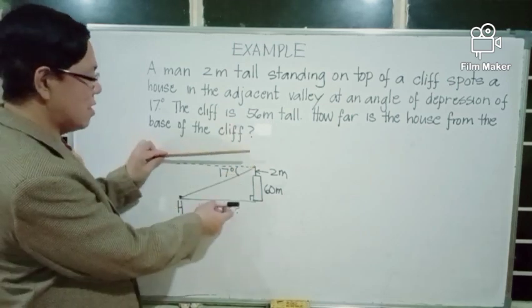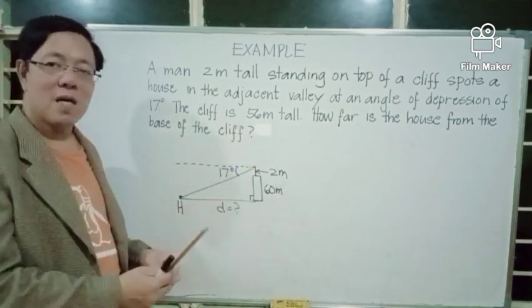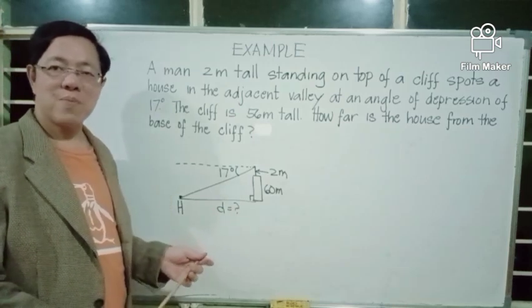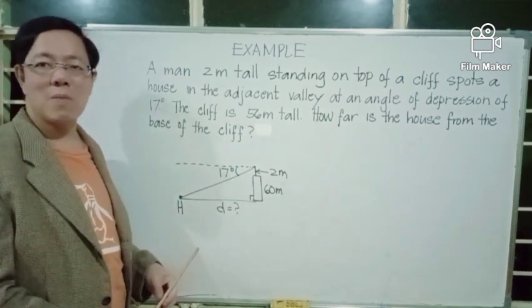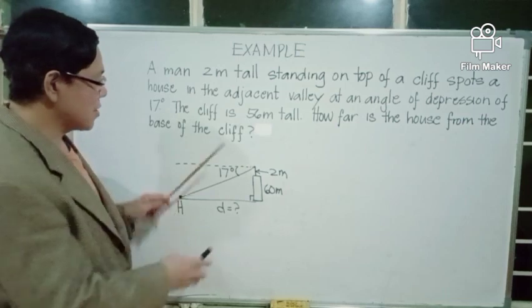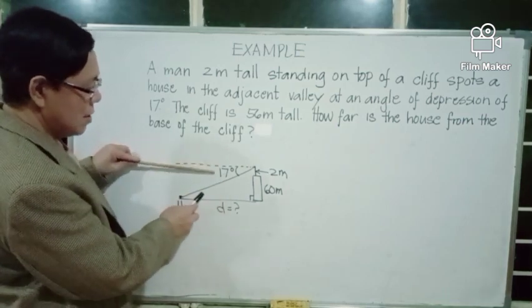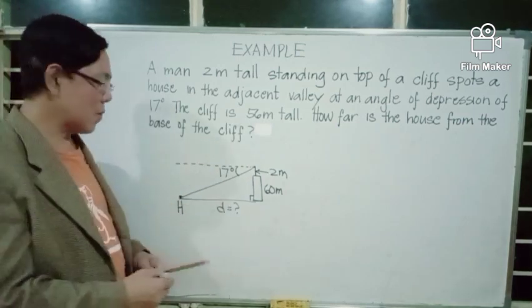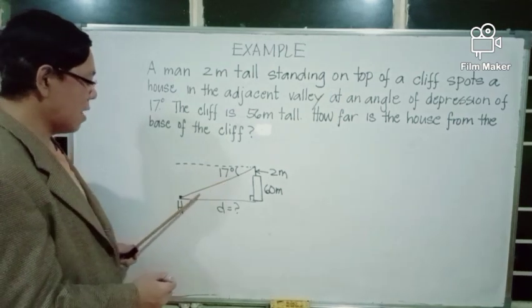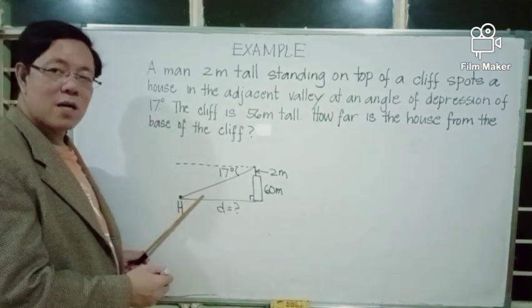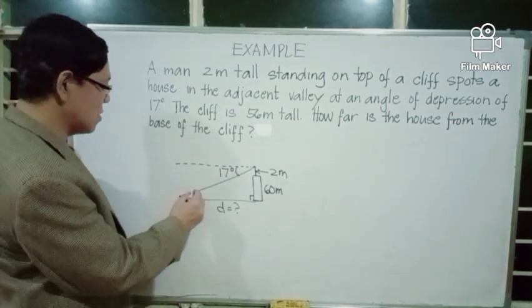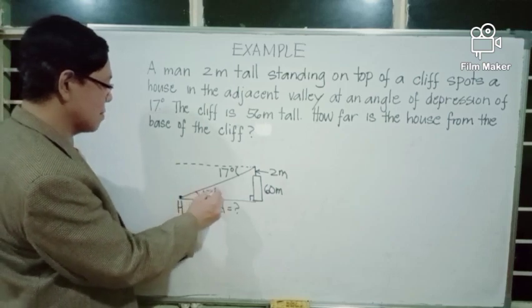Hence, by a theorem from your high school geometry, the alternate interior angles are congruent. This is 17 degrees, the angle on the other side of the transversal is also 17 degrees.